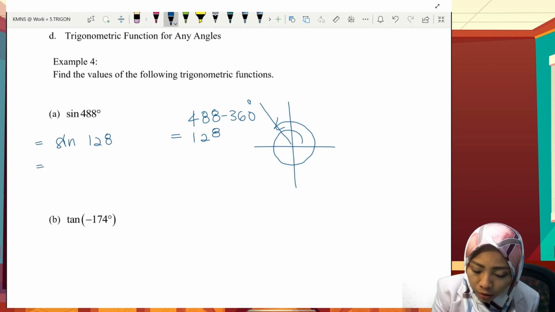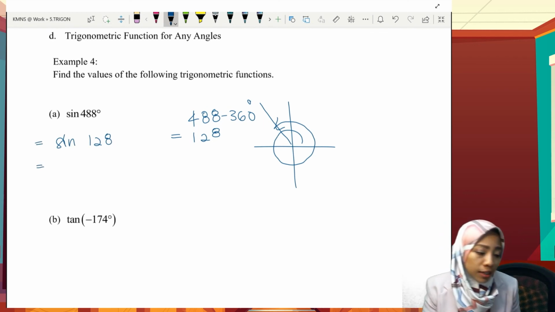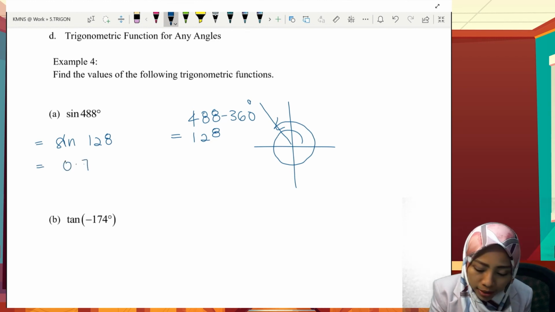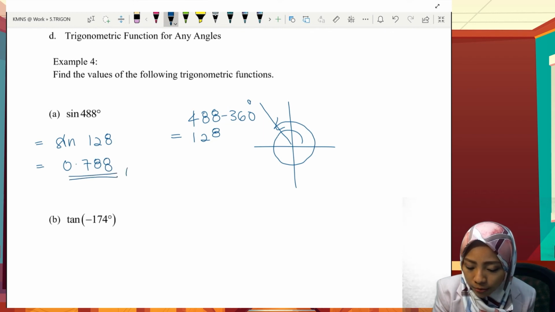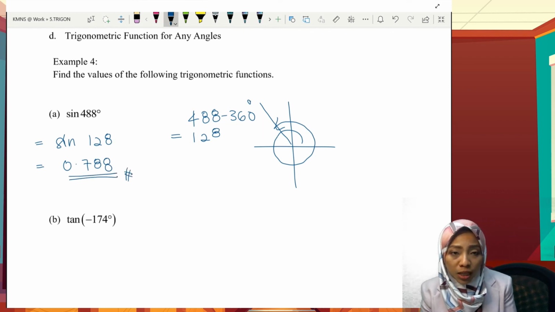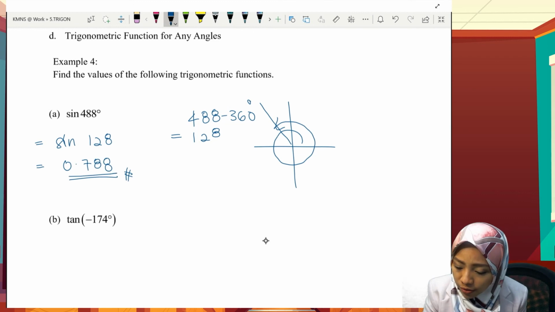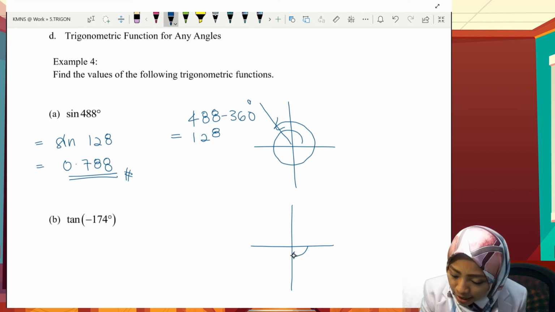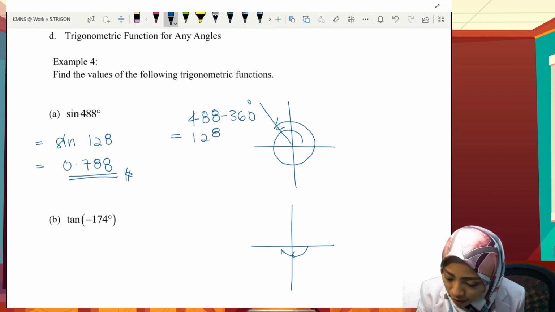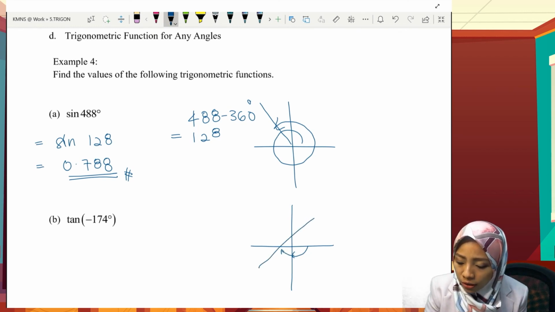Because it is not a special angle, you press your calculator and it will give you 0.7880. Okay, same goes to B. Tan negative 174. So here is negative 90, negative 174.